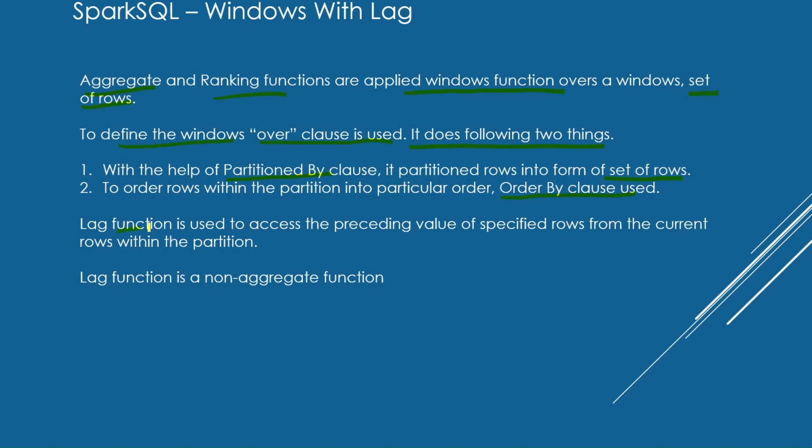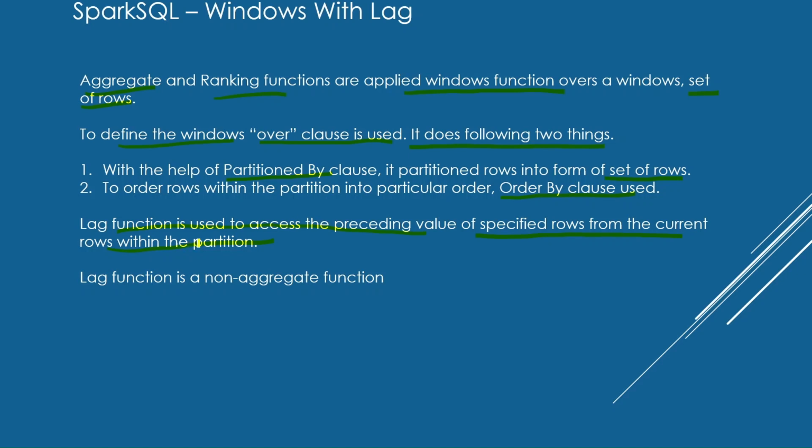The lag function is used to access the preceding value of a specified row from the current row within the partition. Whatever the preceding row is for a particular row in the same partition, we can figure that value out with the help of the lag function.